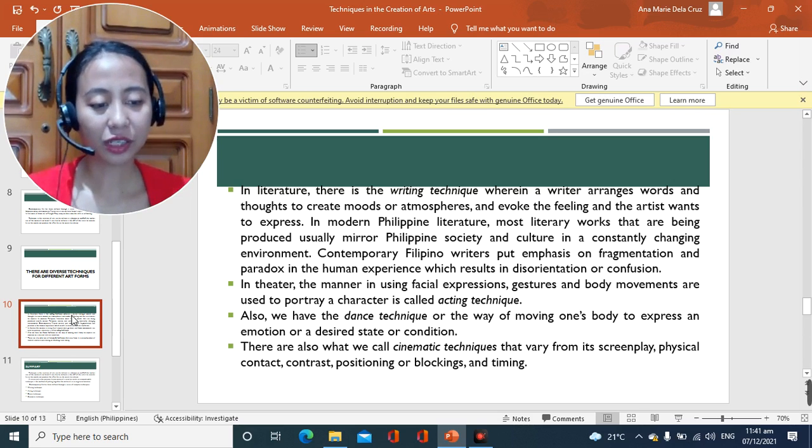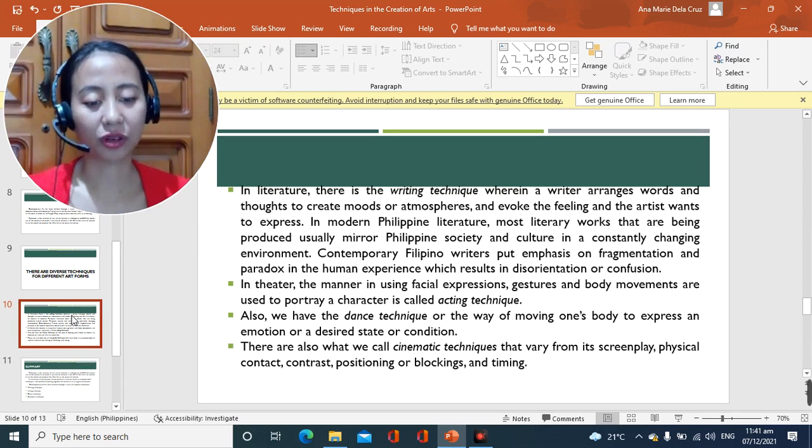Contemporary Filipino writers put emphasis on fragmentation and paradox in the human experience, which results in disorientation or confusion. Yan, yung mga readers natin, minsan, they're confused, they are disoriented because of the emphasis which the writer used.